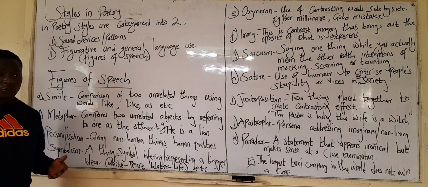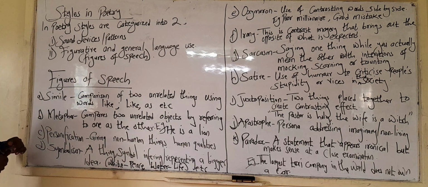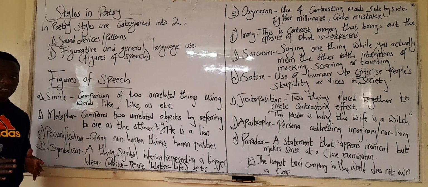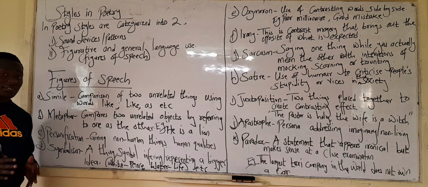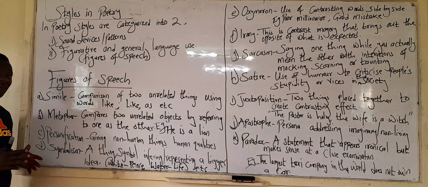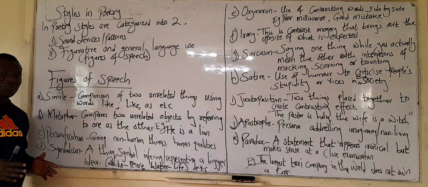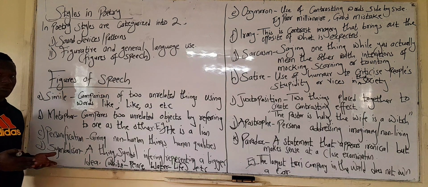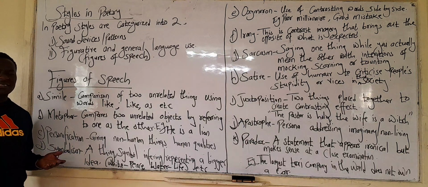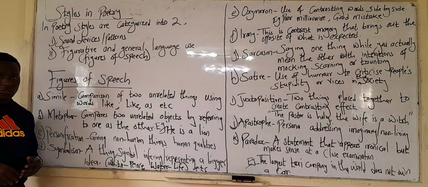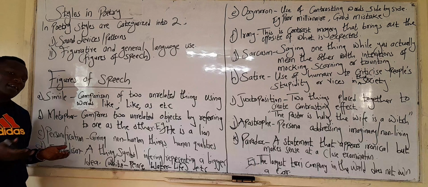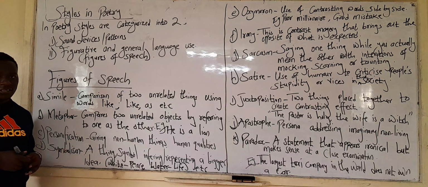In poetry, styles are categorized into two aspects. The first one is the sound devices or sound patterns. They form styles in poetry. I told you they are referred to as the mnemonic features. So sound devices are part of styles in literature.